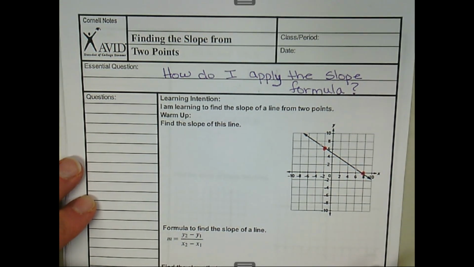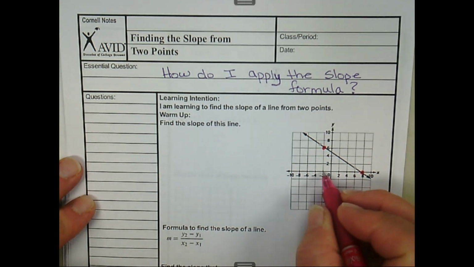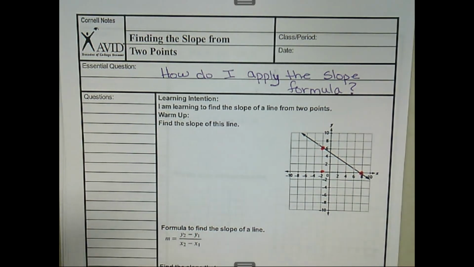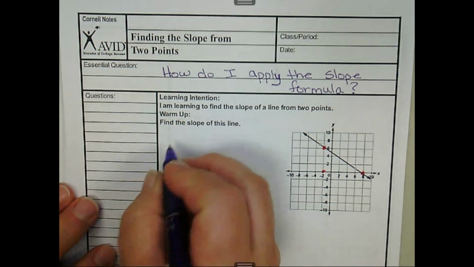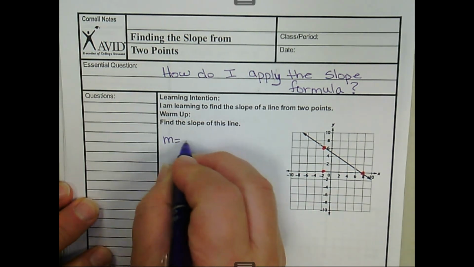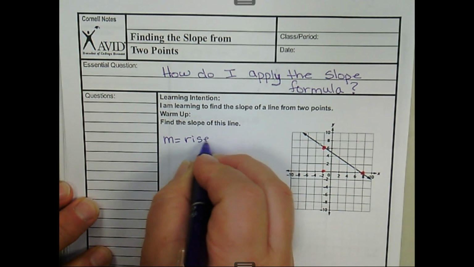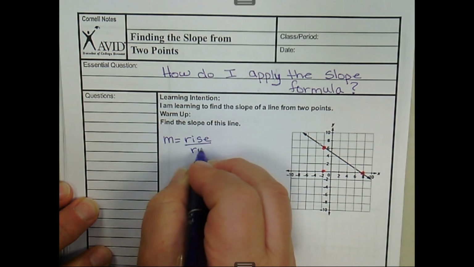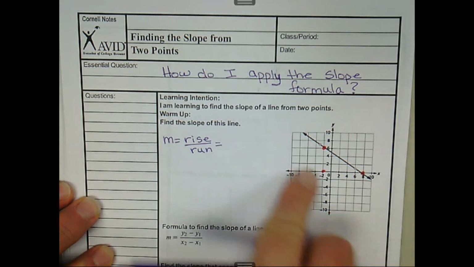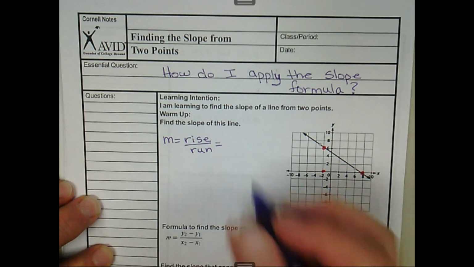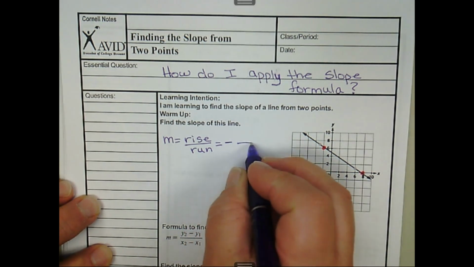So as we are counting, remember we create that right triangle. Slope is rise over run. First thing you do, look, it goes down. That means it is a negative slope.